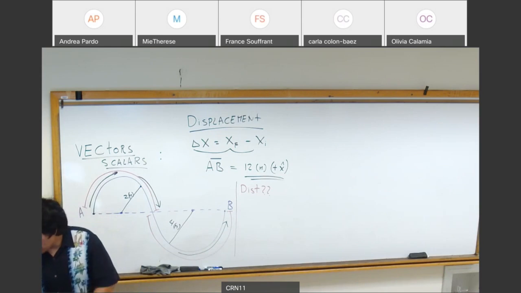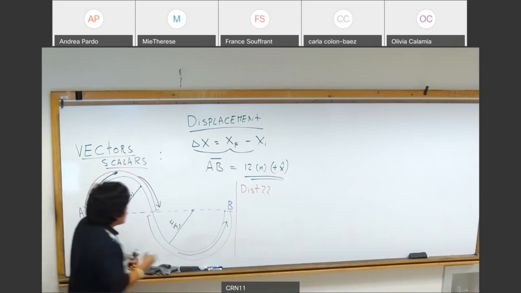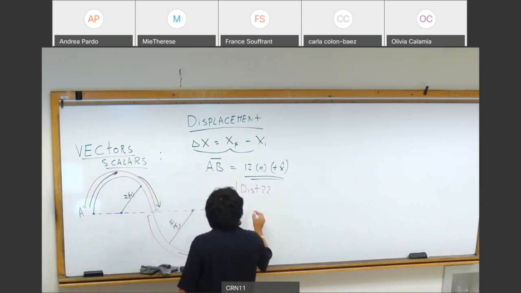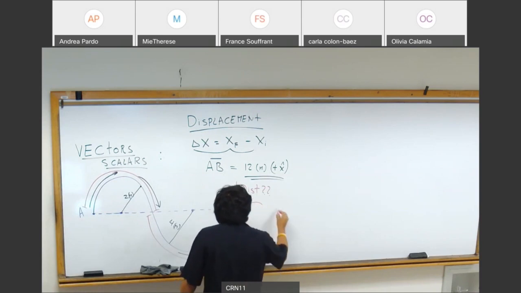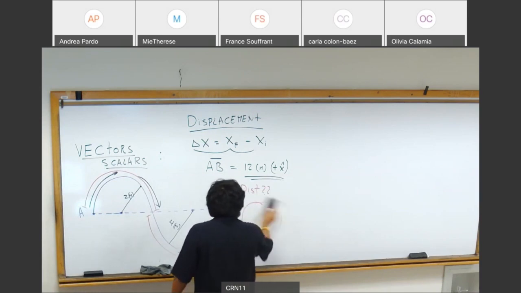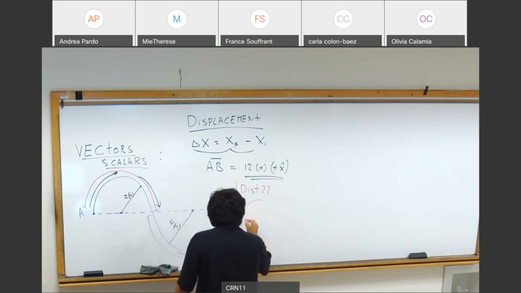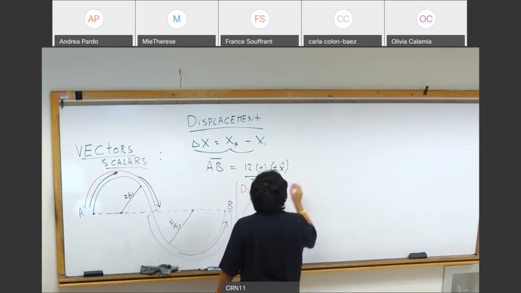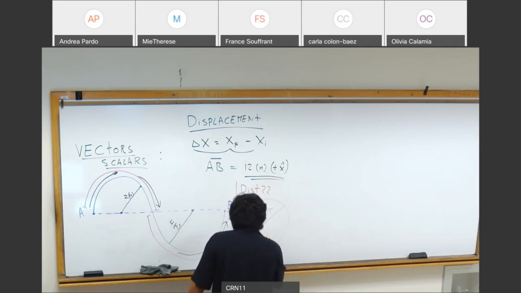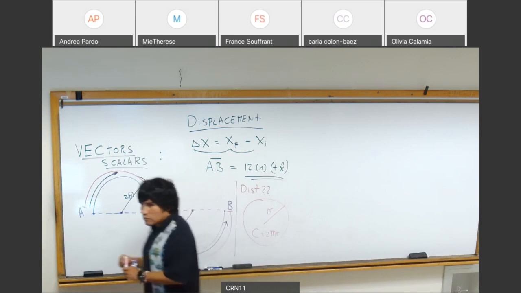If this was a homework question, I would have to give you the equation for the circumference. So here I will note the circumference of a circle: if the radius is r, the circumference is equal to 2 pi r.